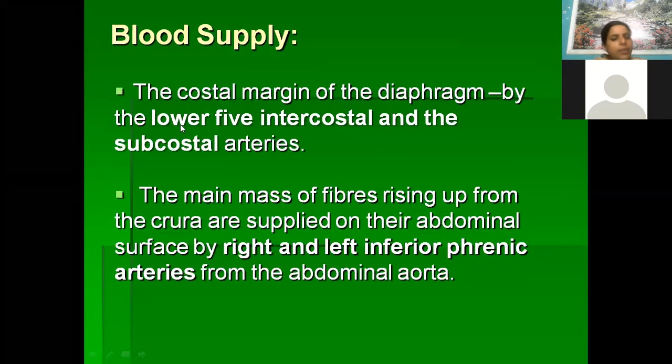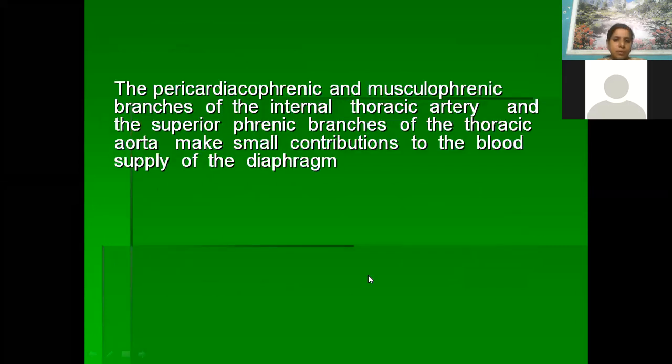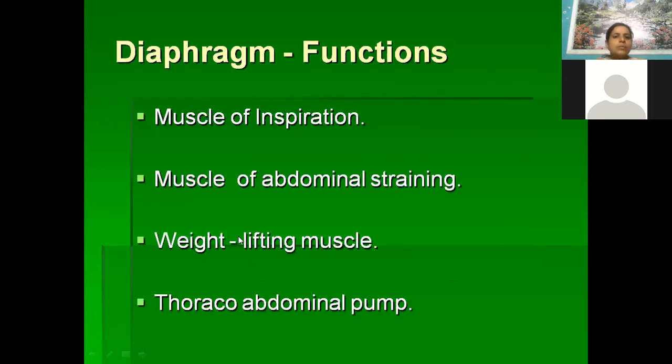Blood supply. So, what are the nearby blood vessels? You should always think. The lower five intercostal and subcostal arteries we have. Then the right and left inferior phrenic arteries, which come directly from the abdominal aorta. Now, functions: we know it is the muscle of inspiration.